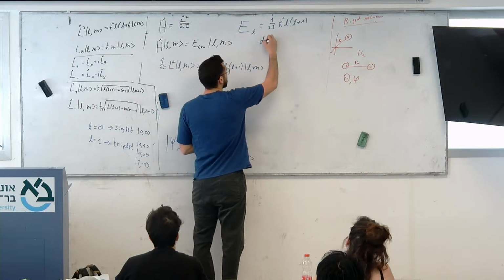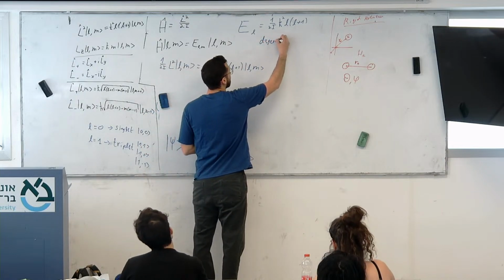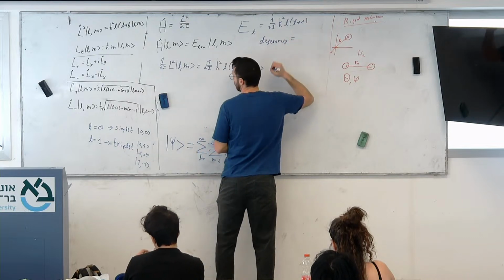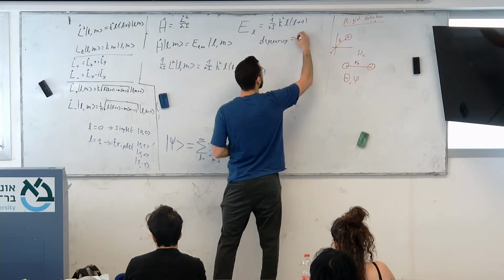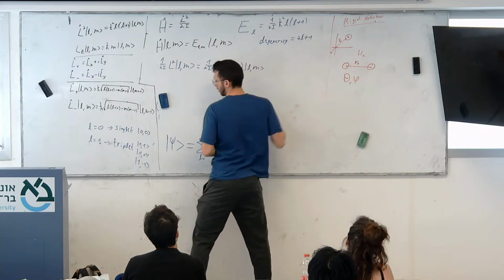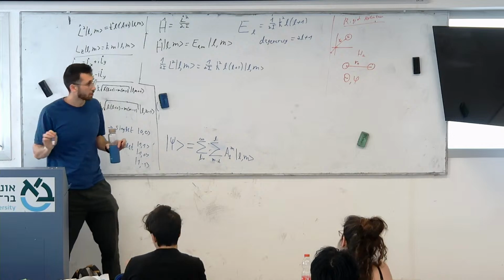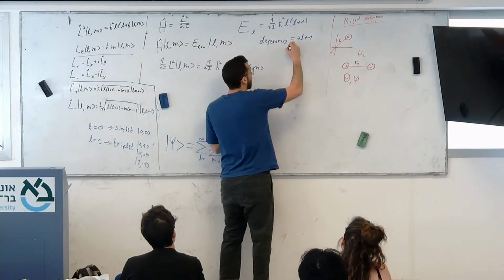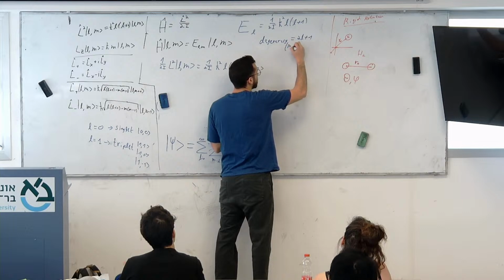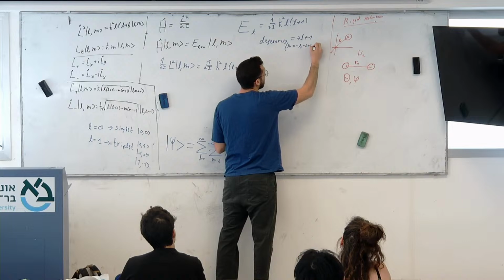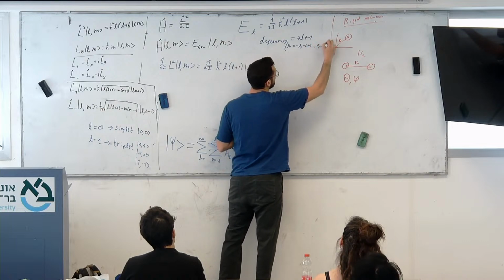The degeneracy is equal to 2L plus 1, which corresponds to M equals minus L, minus L plus 1, 0, up to L.